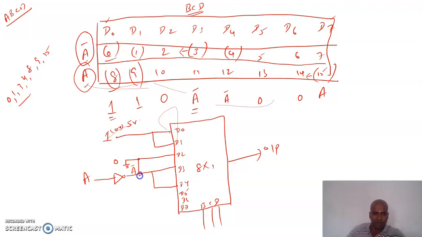Let's take a line from here and connect it to D5, and D6 is also 0, so connected to 0, and D7 is A, so let's take from here and connect it to D7. Okay, so now we have designed the given function, the 4-bit representations given.